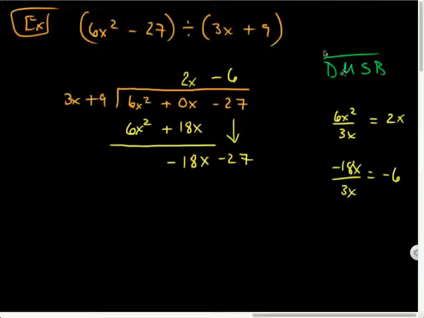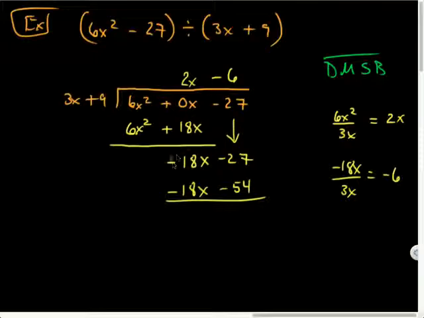Now I'm on multiply. What do I do? Multiply what by what? Yeah, so I'm going to distribute to both of those and write my answers down here. So negative 6 times 3x is negative 18x. That's nice. Negative 6 times 9 is negative 54. Okay. Here we go.